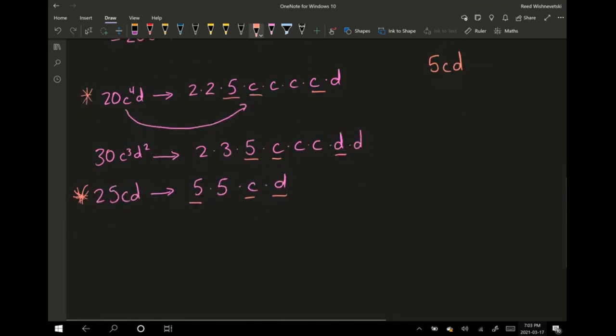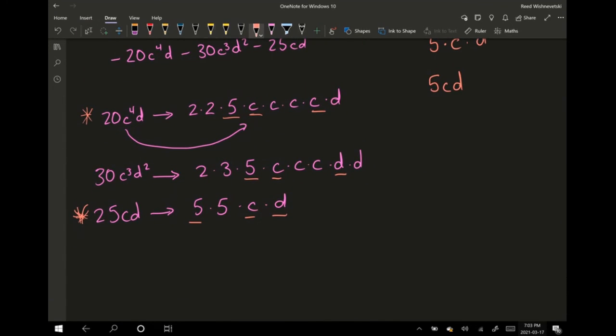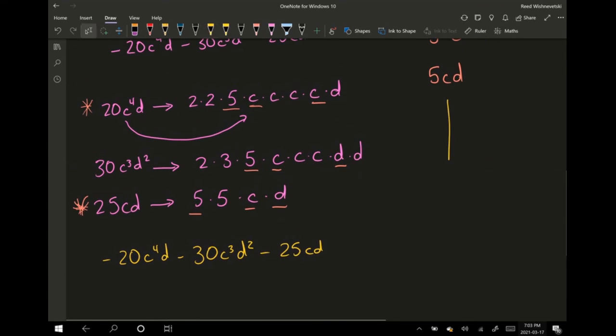Okay, so now we're just going to work down here. We're going to rewrite our equation. So we have negative 20c^4d minus 30c cubed d squared minus 25cd. And we're going to bring down this 5cd so that we can work on it down here.